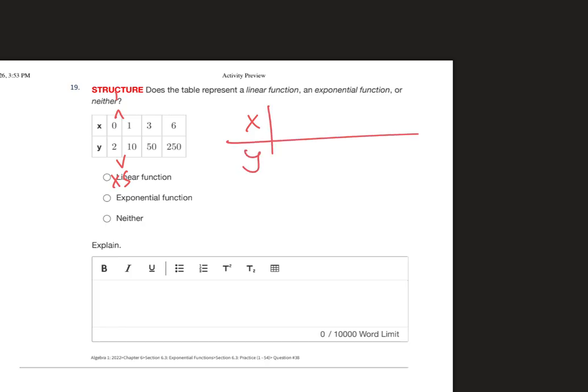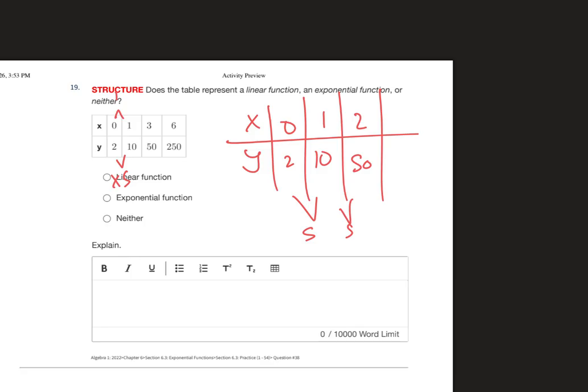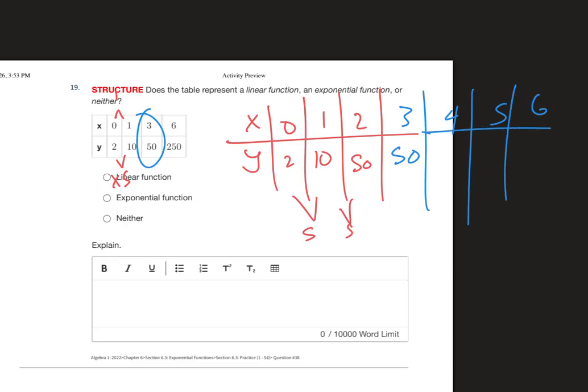What if we reconstruct this table? The second one, if it's times 5, then we would have 50 here. I don't think we do because notice 3 is 50, right? And 6, well, so we missed 4 and we missed 5, and then there's 6. It's 250.